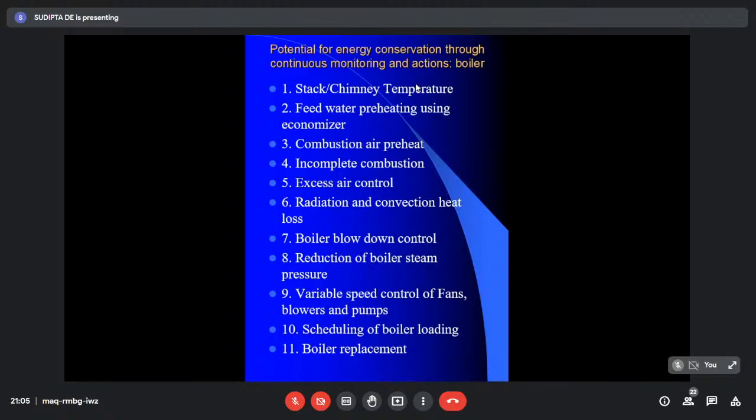Continuous monitoring, next sentence, continuous monitoring of outside temperature of this insulation is required to reduce radiation and convection heat loss from the outside surface.